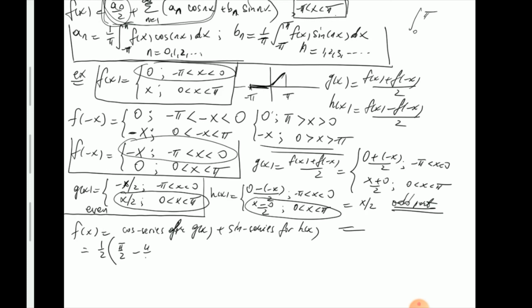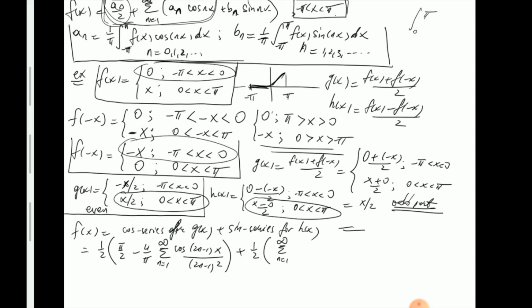I'm going to write it down exactly like it's given in that table: cosine of (2n minus 1)x over (2n minus 1) squared, because the discussion is given in terms of odd coefficients only, since the rest of them are 0, but that is kind of annoying when you have to combine the two. And then plus 1 over 2 the sine series for x, which is the summation from 1 to infinity of minus 1 to the n plus 1.